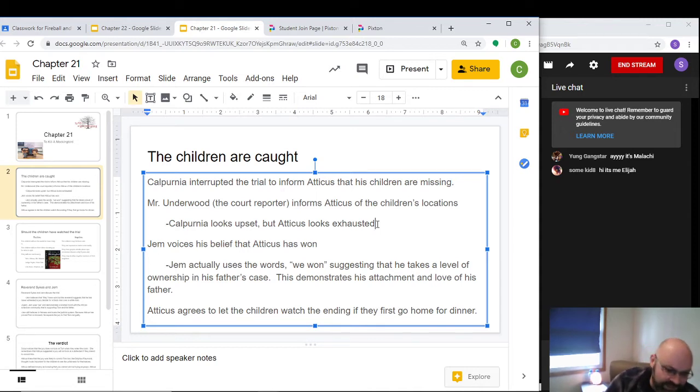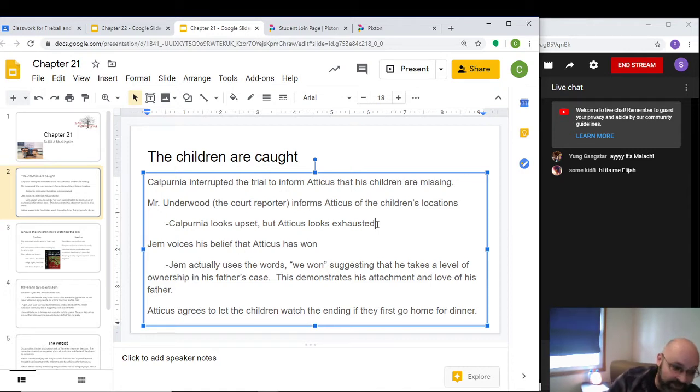Atticus agrees to let the kids watch the ending of the trial, but he tells them they need to go home first and eat, suggesting he thinks it's going to take a while for the jury to come back with their verdict. From today's standards, we would probably assume they would come back with a not guilty very quickly, but as Reverend Sykes mentioned before, he's never seen a jury take the word of a black man over a white man.